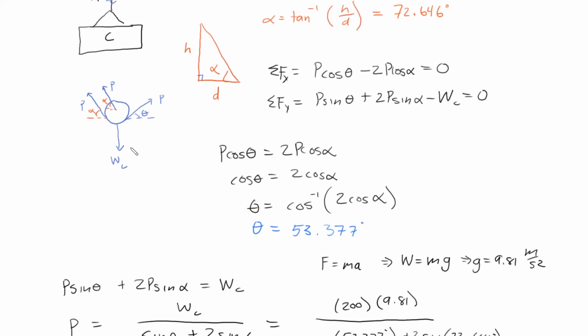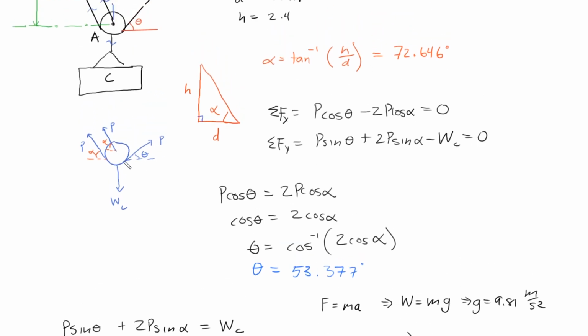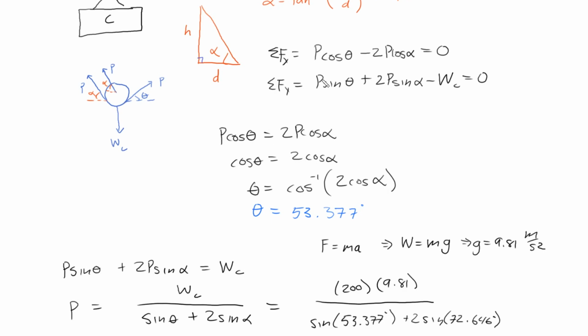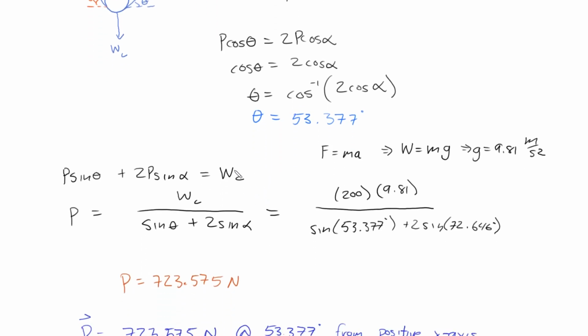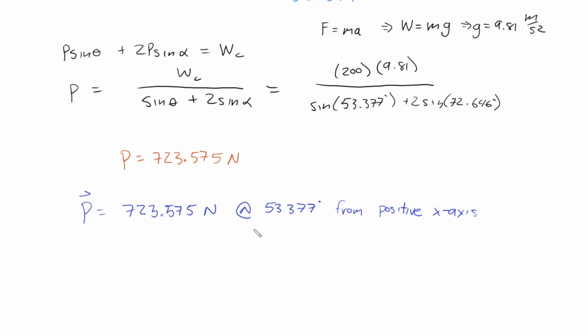And then we applied the other forces that are occurring on this free body diagram. And then we found the angle theta, and then we found the force P, and we defined the force as a magnitude and a direction by describing the angle from the positive x-axis.